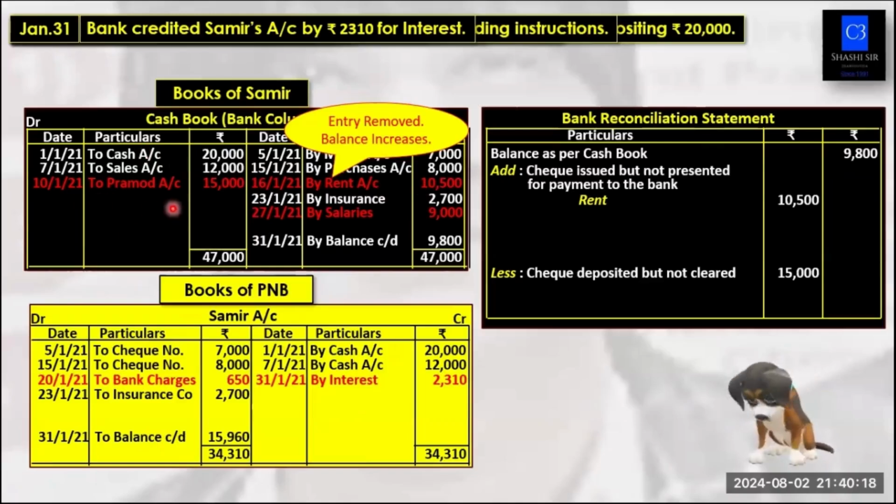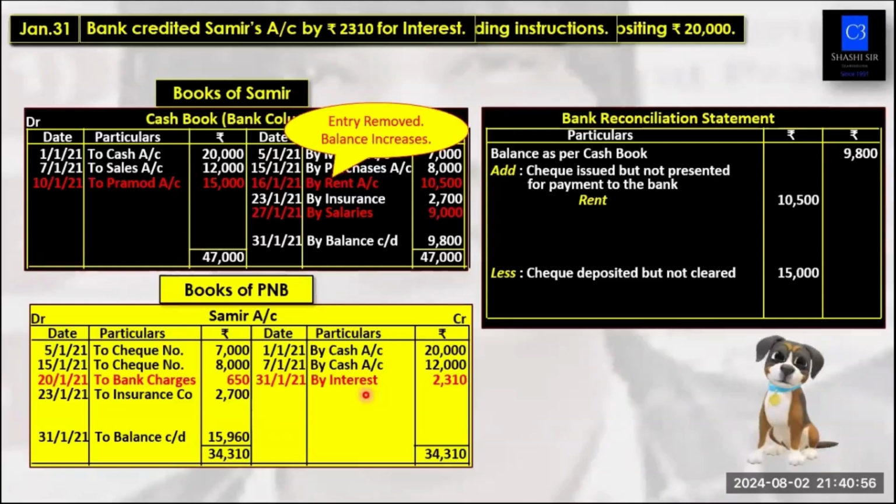If you record this interest on the debit side of cashbook, then both the books will become similar as regards this item, interest. So the point is that we are trying to make both the books similar. And what is the technique? Either you are going to record some entries or remove some entries.